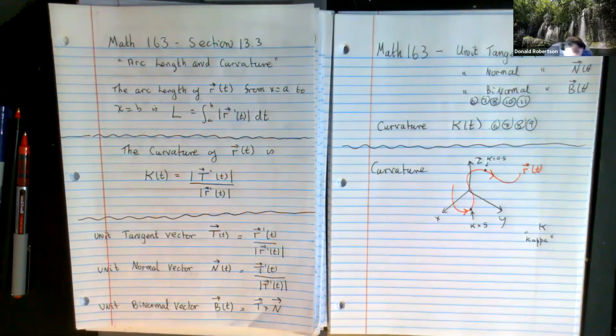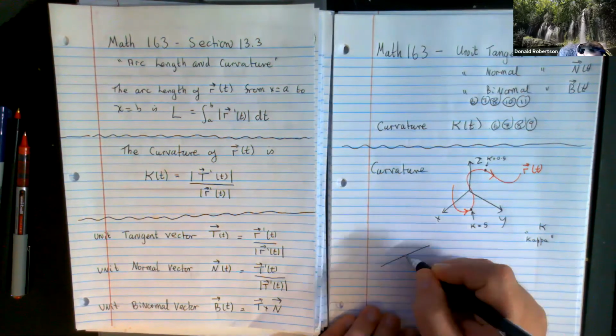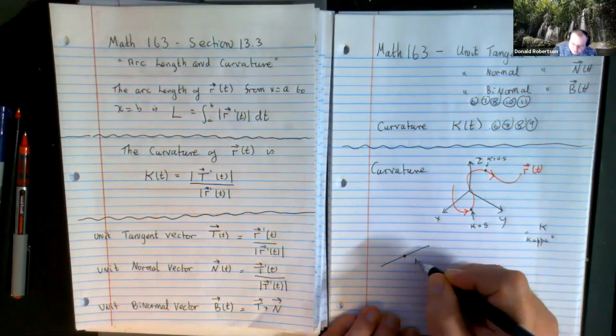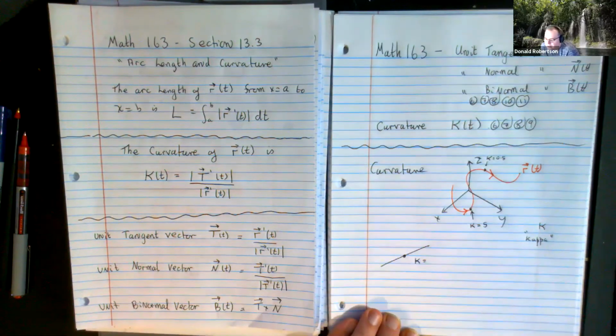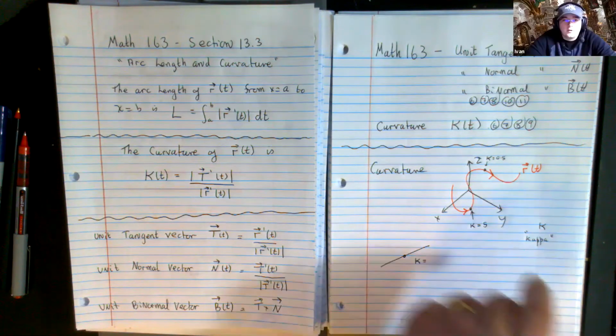And we talked yesterday, I believe, that if you're a straight line, you get one kind of kappa. What was the kappa for a straight line? If a piece of a curve was just basically straight, what would its curvature be? 0.